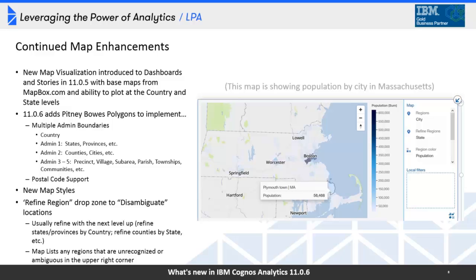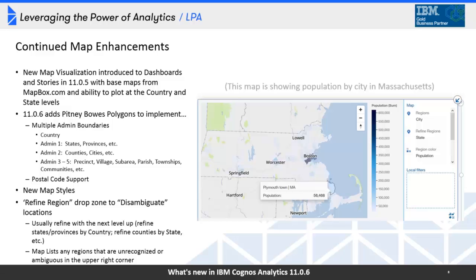And the notion is you use the Refine Region drop zone to clarify which Rochester you mean. Or which London you mean. So there's this notion of making the city less ambiguous by putting another geographic component into the map.